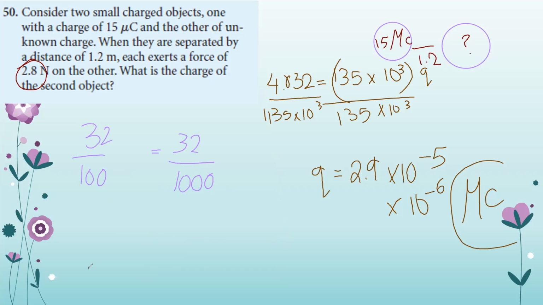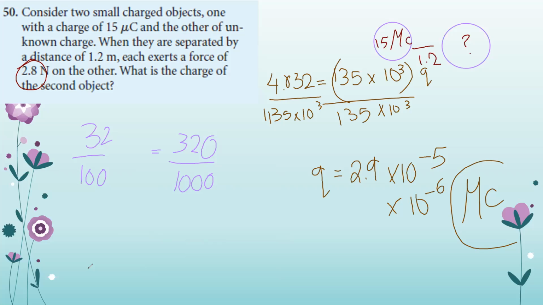What do you do with this number without changing the magnitude, to keep it as 0.32? If you add a 0 in the denominator, you have to add a 0 in the numerator. Is it right?